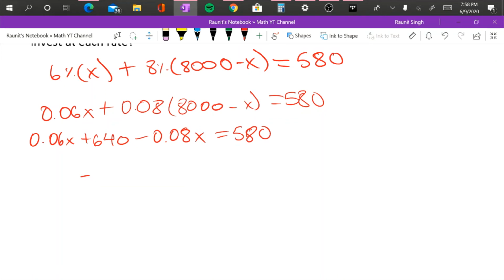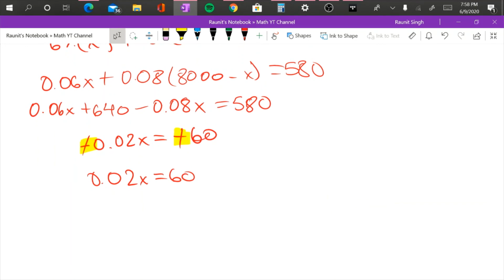So when you subtract and do everything, you're going to notice that you get negative 0.02x is equal to negative, what would it be? Negative 60, yeah. So that's actually perfectly fine. Since there's a negative on both sides of the equal sign, we can just cross it out and it becomes positive. So you're going to get 0.02x is equal to 60.